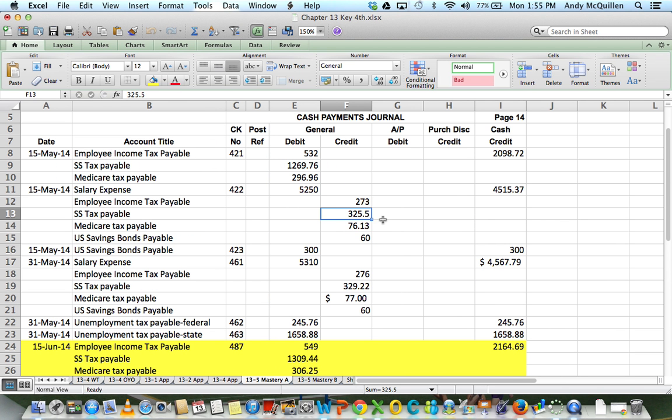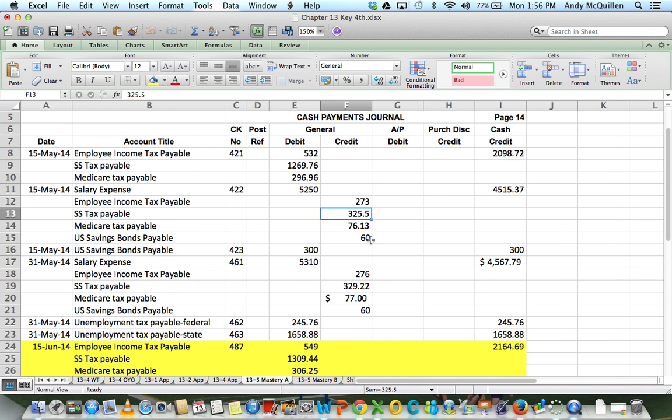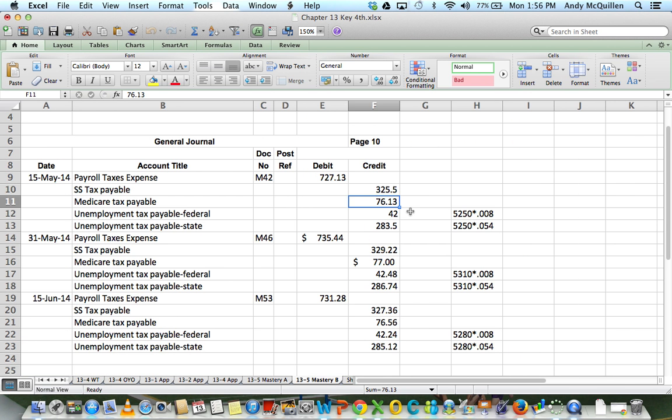It's this number right here, 325.5, and Medicare we have calculated as well. That's the 76.13. And then we figure out unemployment federal and state. We take 5250, which is the payroll amount, times 0.008 and 0.054. And then the total is our payroll taxes expense.